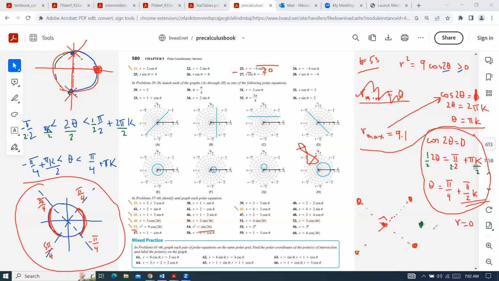So 9 will be here, 9 units, and on the other side will be there, like -9, right? So that's again for angle equal to pi times k with 0 angle or pi angle.